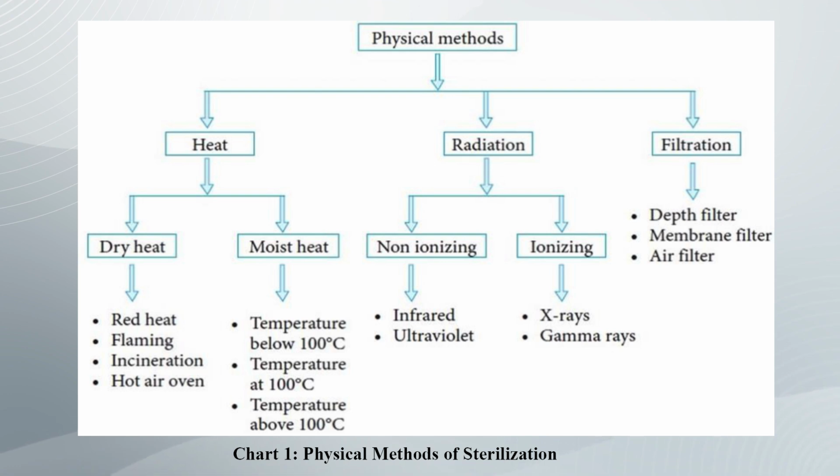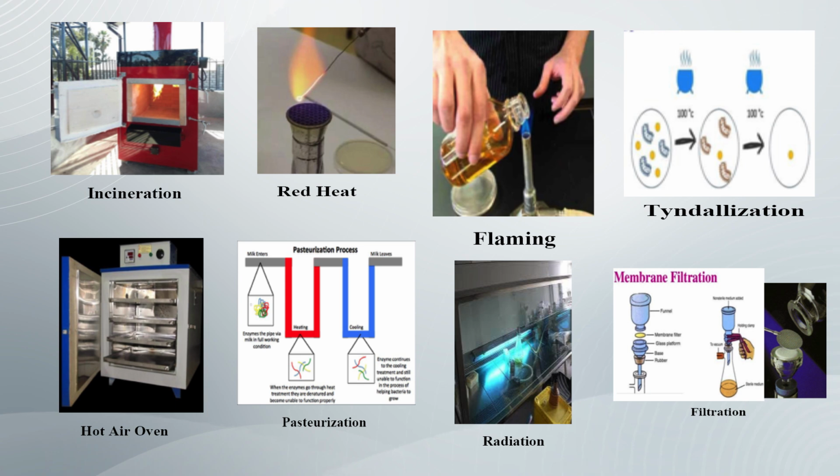In radiation, we use non-ionizing radiation like infrared or ultraviolet, or ionizing radiation like X-rays and gamma rays. In filtration, we use three different types of filter: first the depth filter, second the membrane filter, and third the air filter. This is the physical method of sterilization.